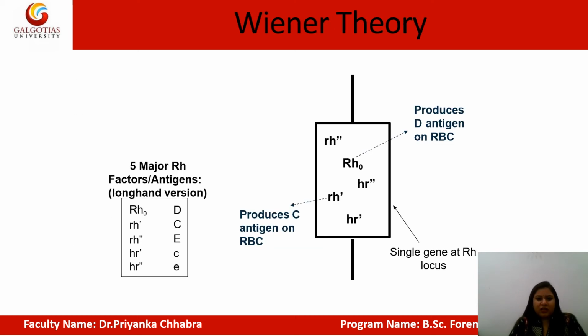As shown in the figure, according to the Wiener theory, he denoted the Rh factors: Rh naught is D, Rh single prime is C, Rh double prime is capital E, hr prime is small c and hr double prime is small e. They are all located at a single gene at a single locus.